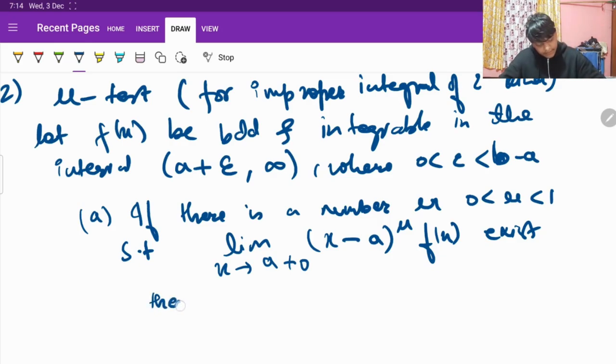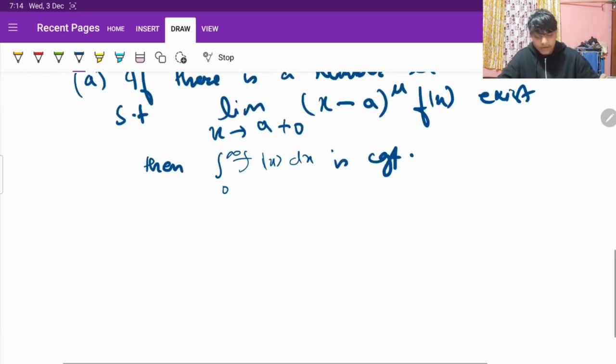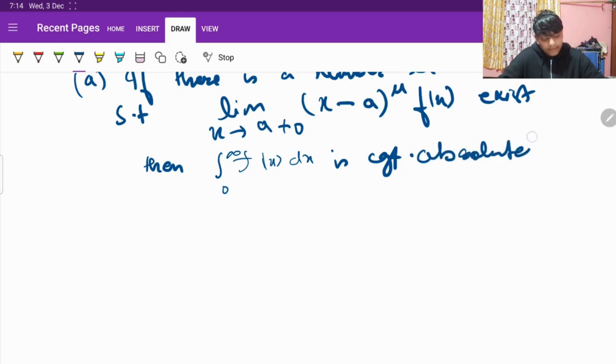Okay, so then my integration 0 to infinity f(x) dx is convergent. It converges absolutely. Absolutely convergent, any such integral is also convergent, so we'll write converges absolutely. So it's a stronger case.